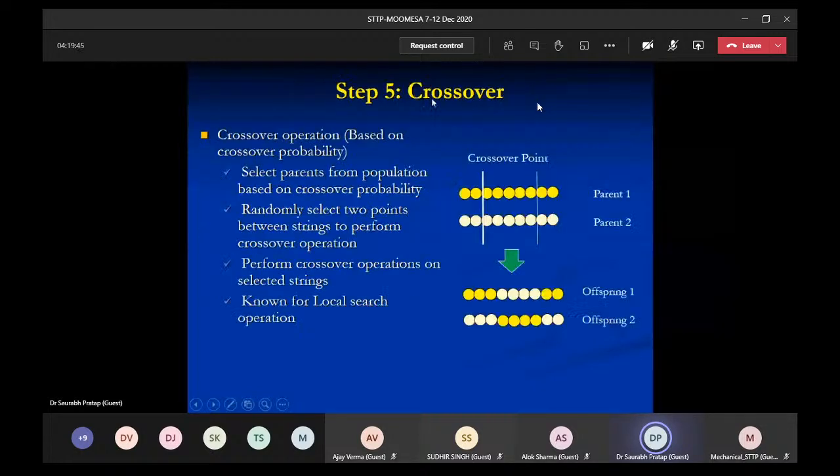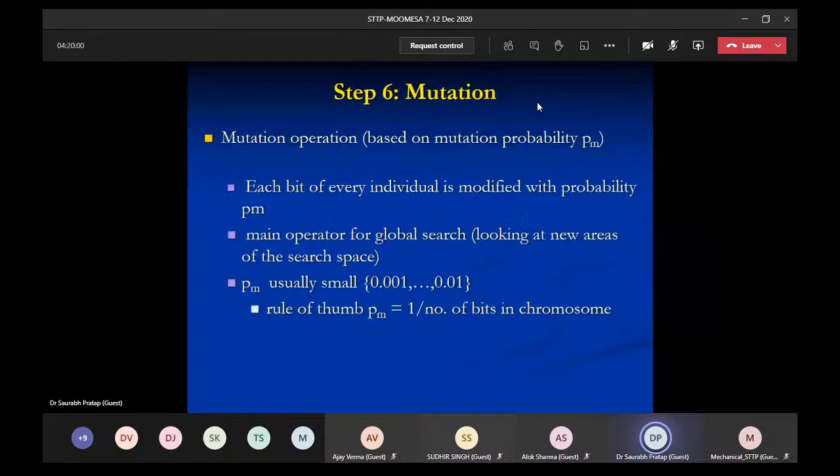Then go for the crossover, just like for parent 1 and parent 2. After the crossover, offspring 1 and offspring 2 will be generated. After that, we have to go for the mutation operation. It depends on the mutation probability.